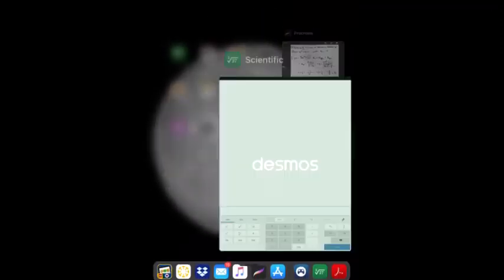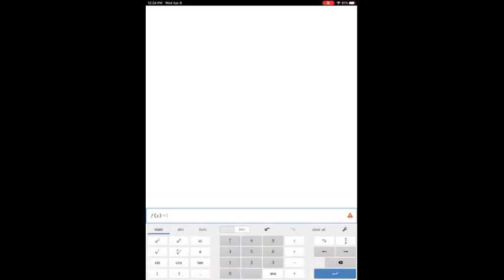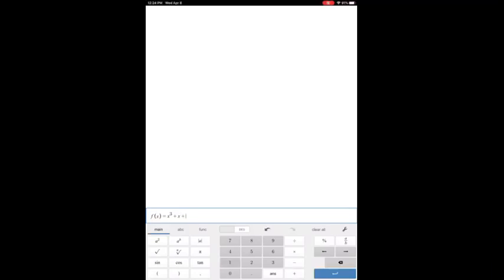So I found one that we're going to use today that also lets me do functions. So I'm going to call f of x, X cubed plus X plus 1.